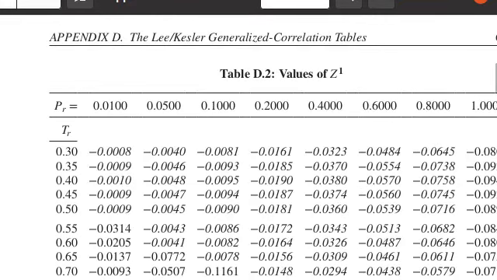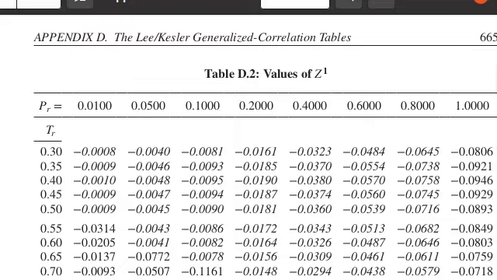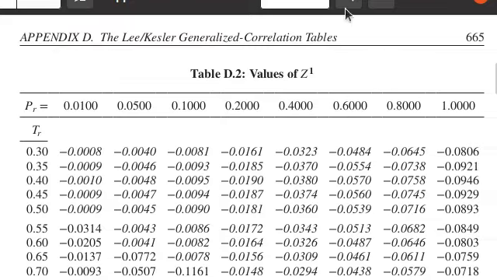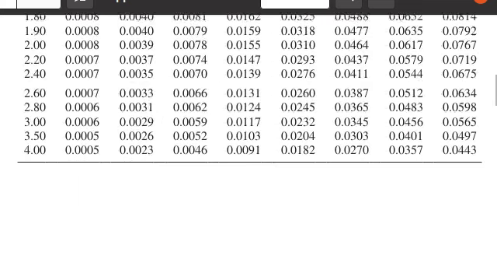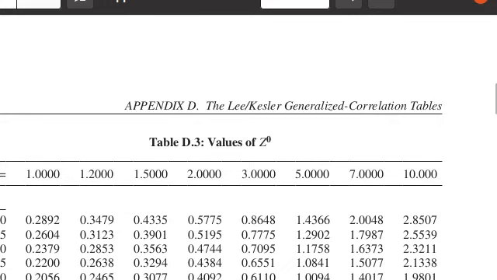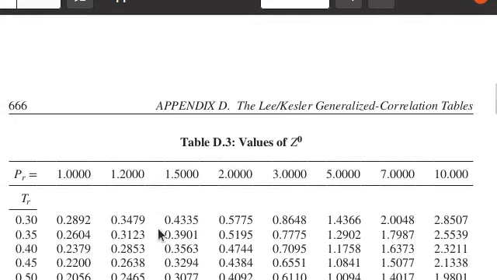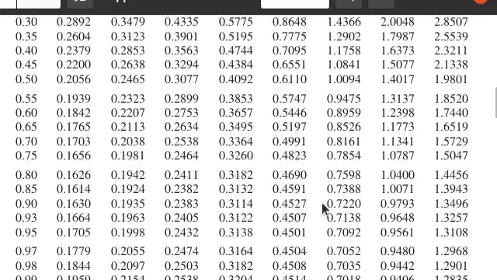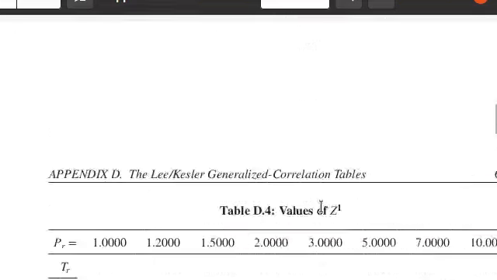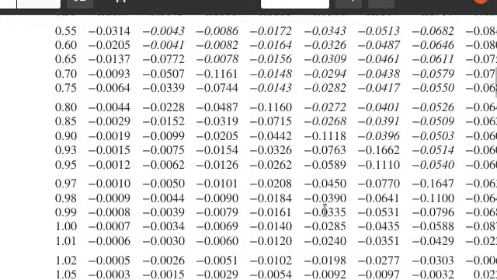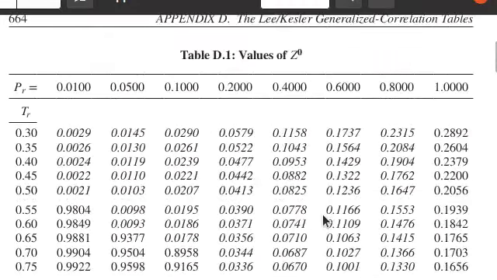This way it goes, and then you come to the value of Z1, and here also PR and TR. It is also given for higher pressure and higher temperature. The data has been given this way, so you can easily understand what it means. We will apply it to the numerical.